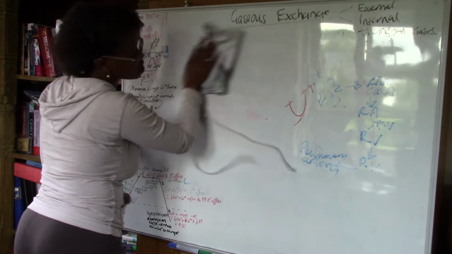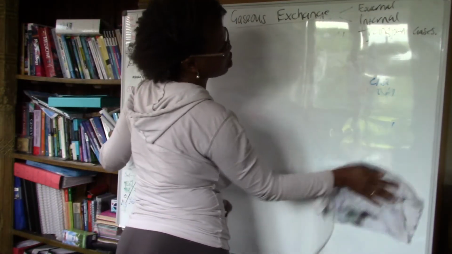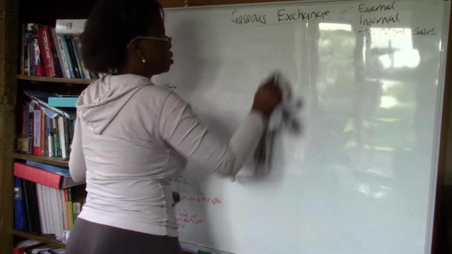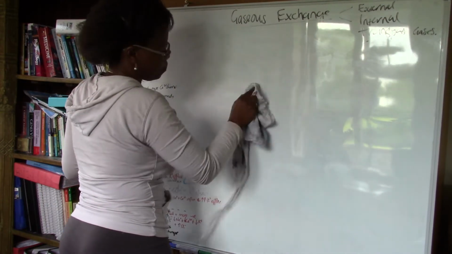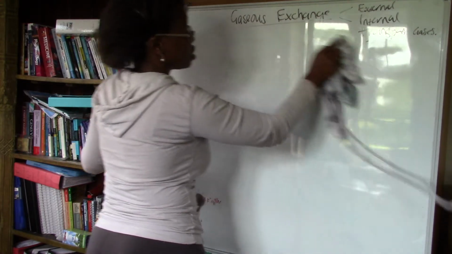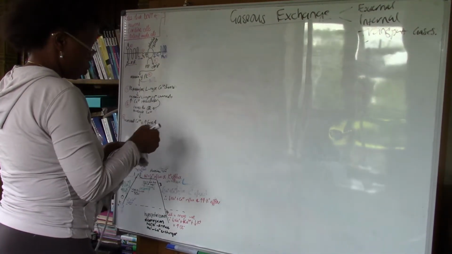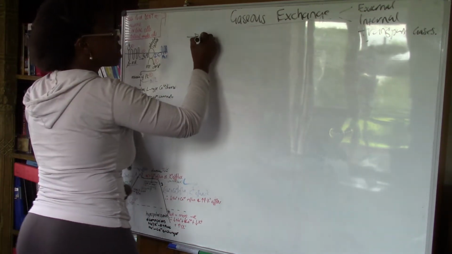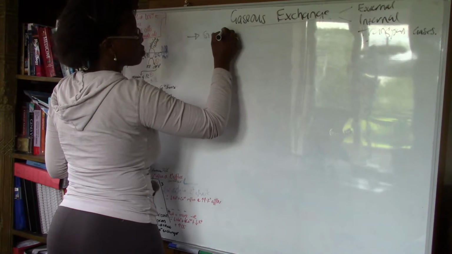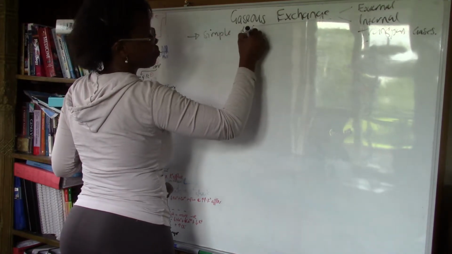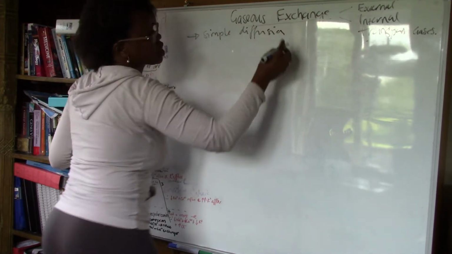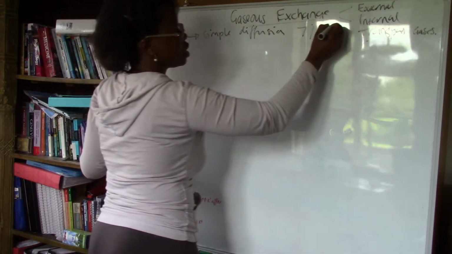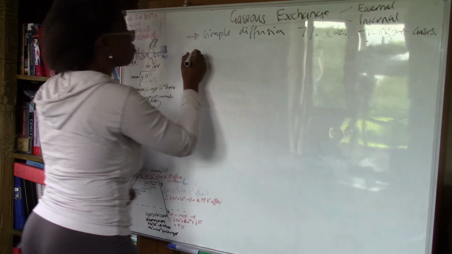And by changing structures, I'm specifically referring to carbon dioxide, which is transported via simple diffusion. But this is very little carbon dioxide that's transported in this way. This is just CO2, simple diffusion.